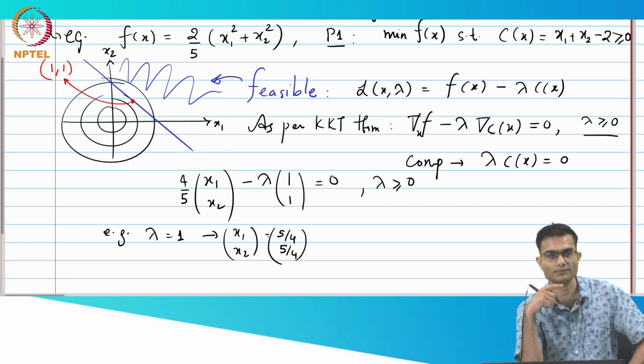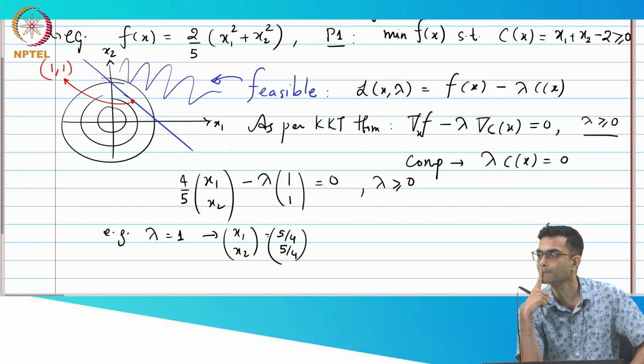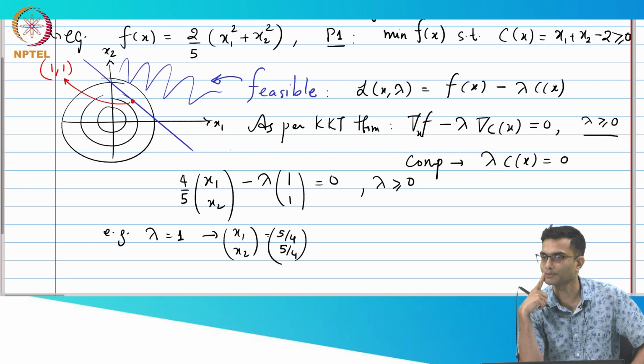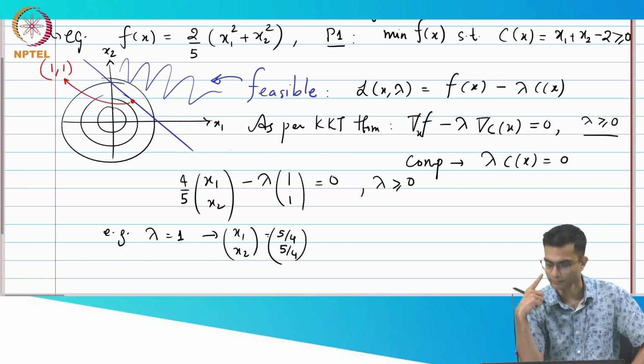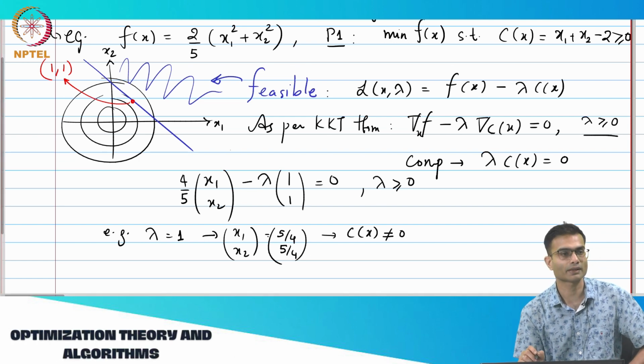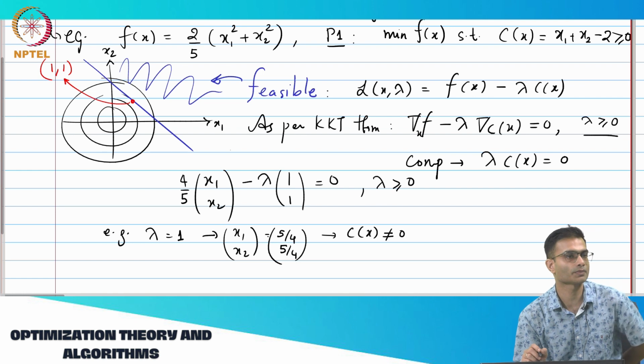Is this fine? On the face of it, it looks okay or no? No. What's wrong with it? Correct. Over here, if you look at c(x), it is not equal to 0. But complementarity insists that c(x) should be 0, because lambda is non-zero, right.